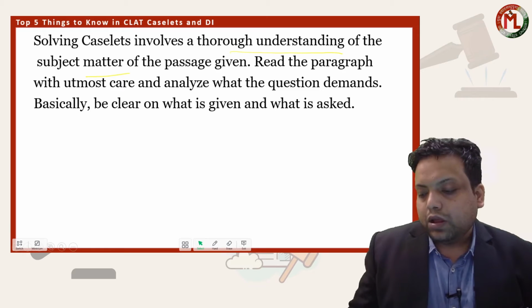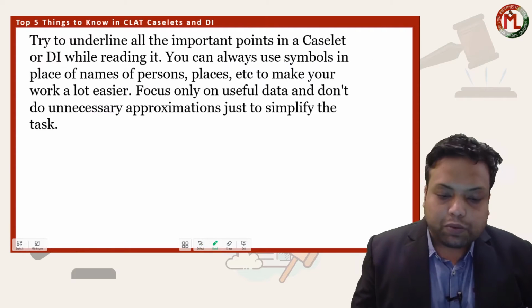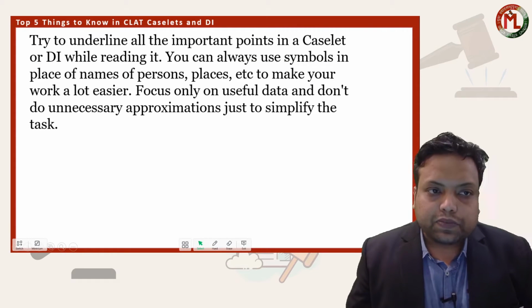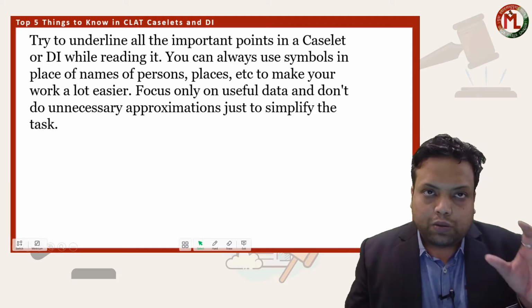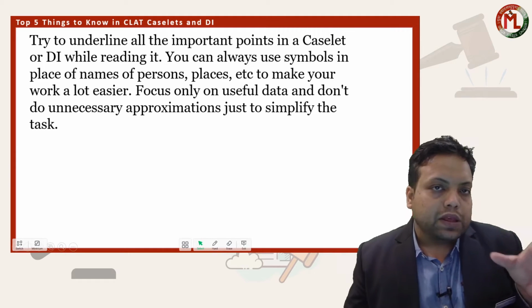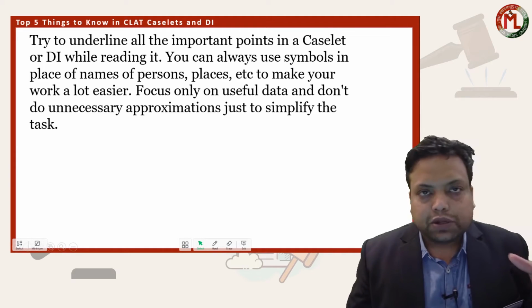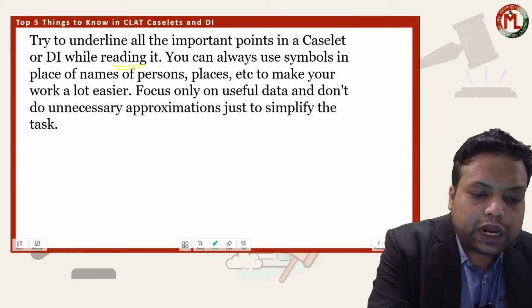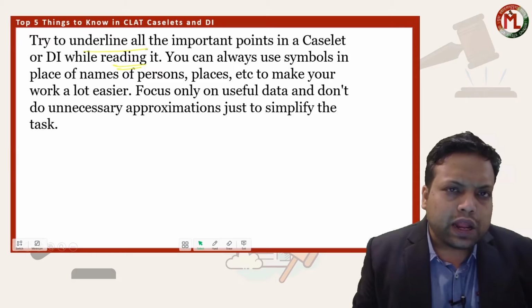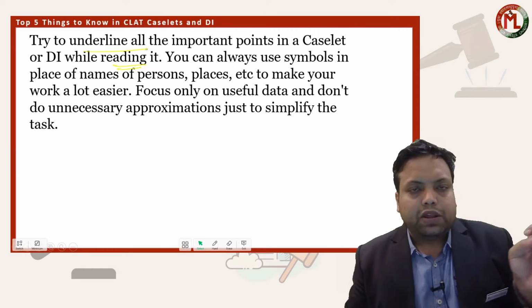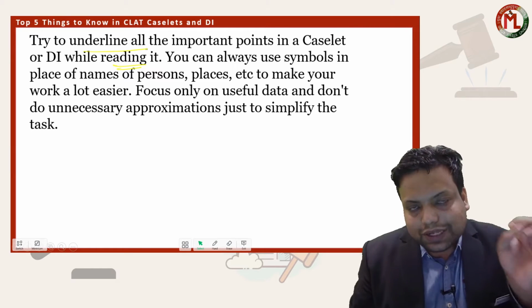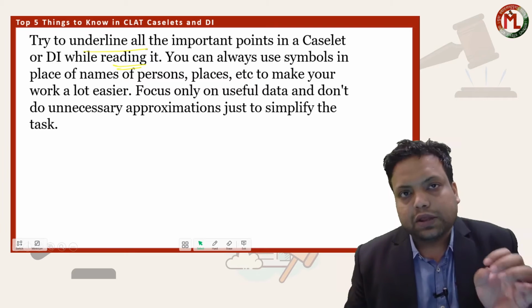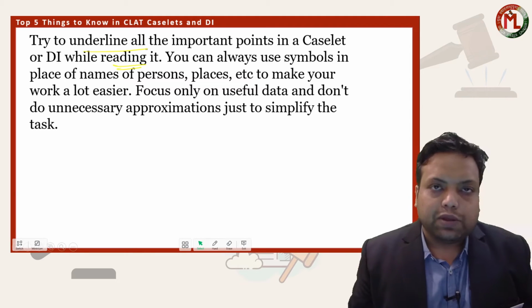Okay, so moving to the next point. Whenever a caselet or data interpretation problem is given to you, you can underline, or point, or make small notes about the essential points that actually matter in solving a caselet or DI based problem.